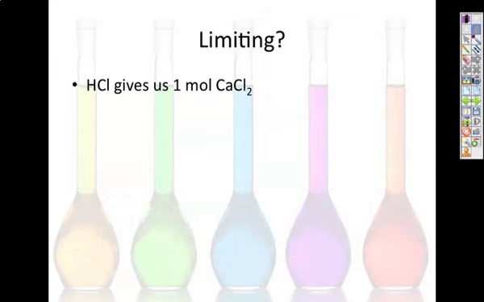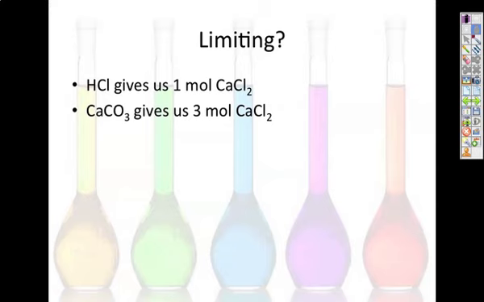So, the HCl gave us 1 mole of calcium chloride. The CaCO3 gave us 3 moles of calcium chloride. What is the maximum amount of calcium chloride I can get from this reaction? 1. Yeah.